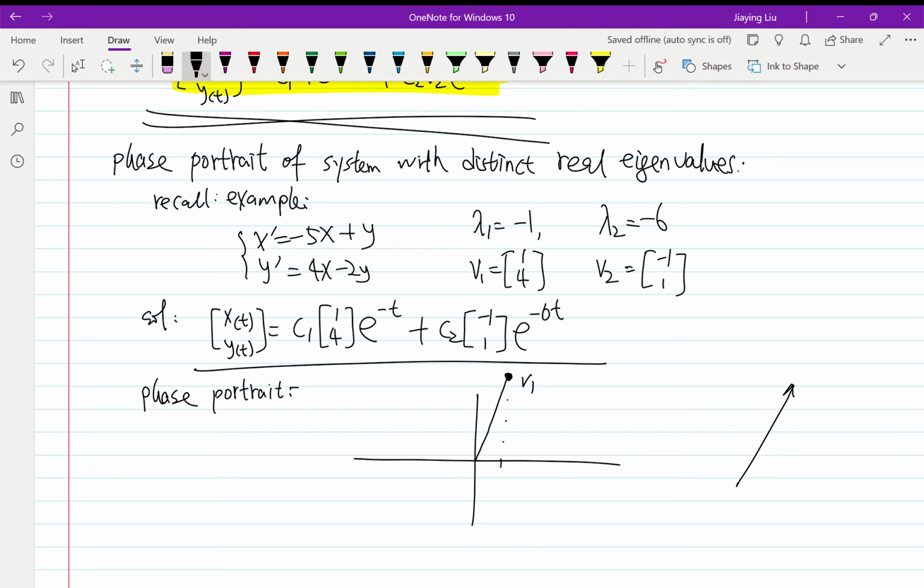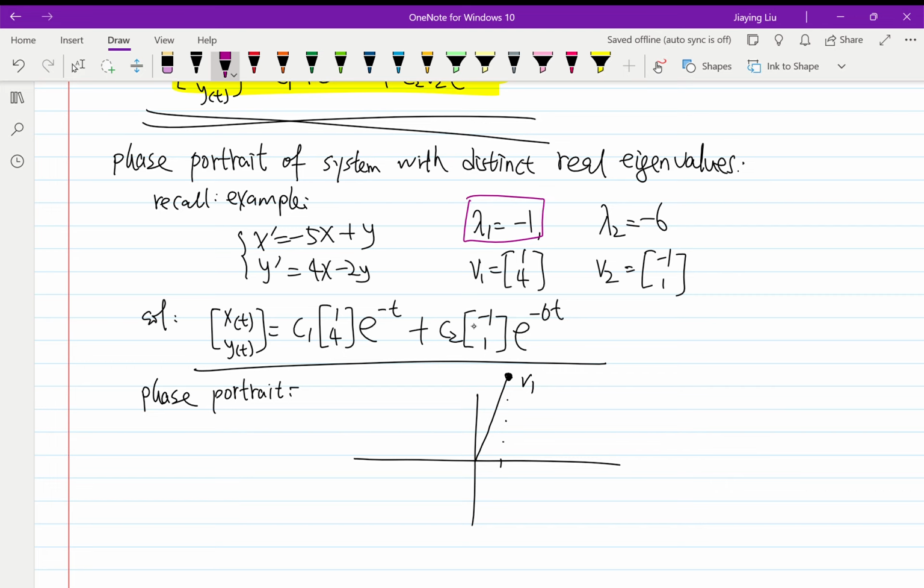But in this case, for the phase portrait, the direction is not necessarily away from the origin along the vector, so we just draw the vector without the arrow. The arrow will come from the eigenvalue.